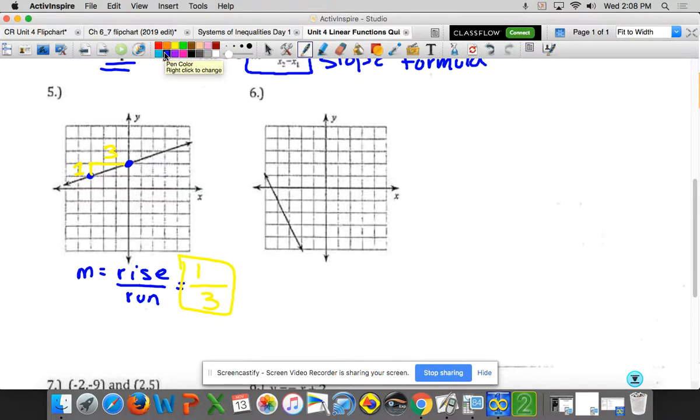The only difference on this one is we have to pick two good points. So if we look back at number 5, it gave us a good point here and here. And what good points mean is you can see how they perfectly intersect the graph.